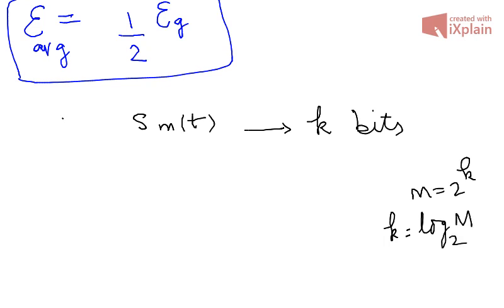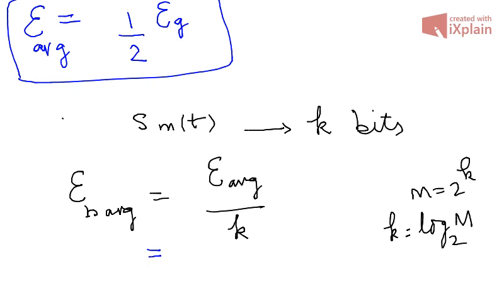So when each symbol carries k bits and you are interested in the average bit energy, you already have the average symbol energy. You divide it by k and you get the average bit energy, which is Eg over 2 times k, and for this k we can write log M to the base 2.